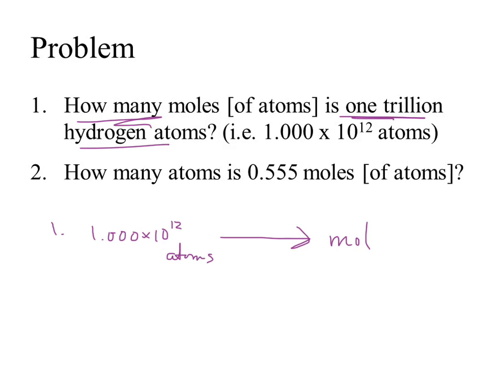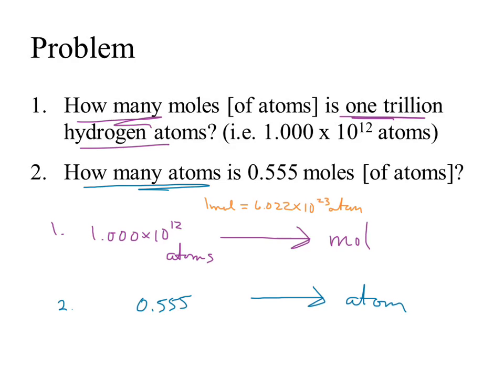Over the arrow I'll write that equivalency statement you saw before: 1 mole of atoms is equal to 6.022 times 10 to the 23rd atoms. And the second one, it says how many atoms, so I'm going to end up with atoms. That's my goal, starting from 0.555 moles.